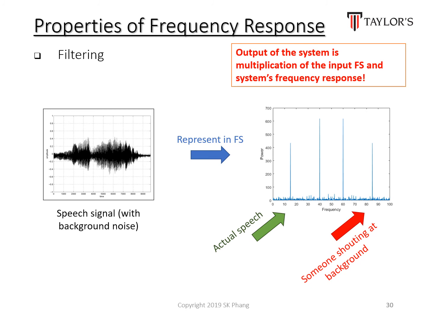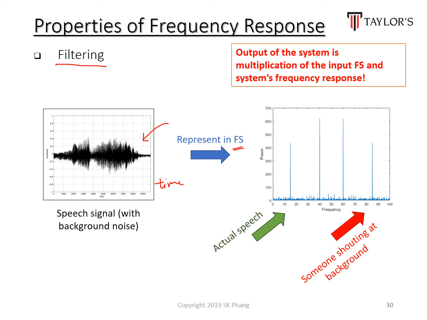So first thing is the filtering. So if you look at filtering, for example, you listen to certain speech signals, and this is your speech signals, which is very random in time domain. This is time domain speech signal, and you represent it in Fourier series.